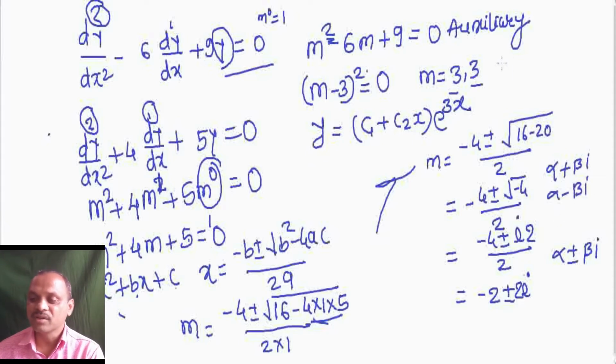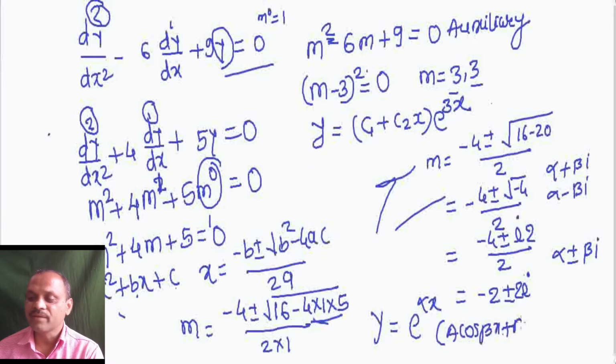What is the solution for alpha ± beta i? y = e^(αx) (a cos βx + b sin βx). Then here you can see that alpha = -2 and beta = 2.